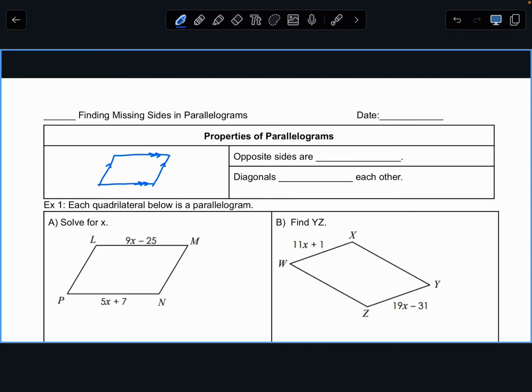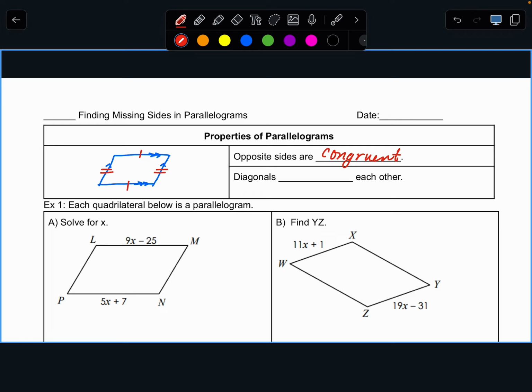And then we mark that opposite sides are congruent. So we use these ticks to show which sides are congruent.